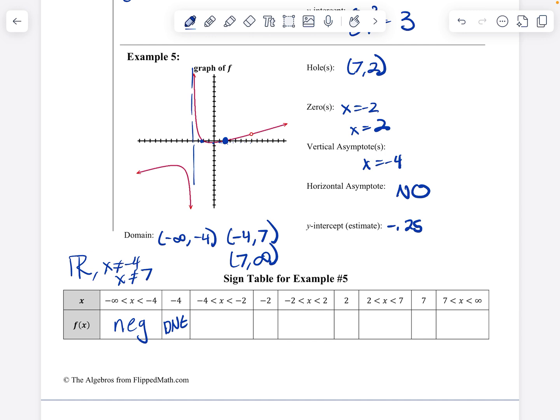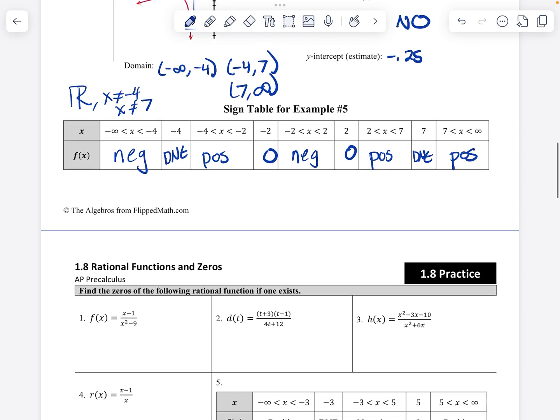Negative 4 to negative 2, so right here, it's positive. At negative 2, there's a 0. From negative 2 to positive 2, it's negative. At 2, it's equal to 0. 2 to 7, it's positive. At 7 is our hole, so it does not exist. And 7 to infinity, it is positive. All right, and then you can start on the homework.